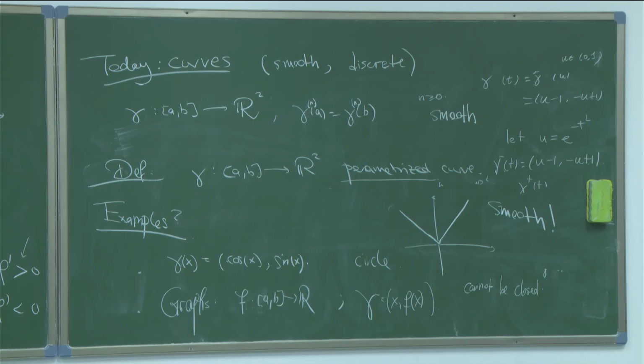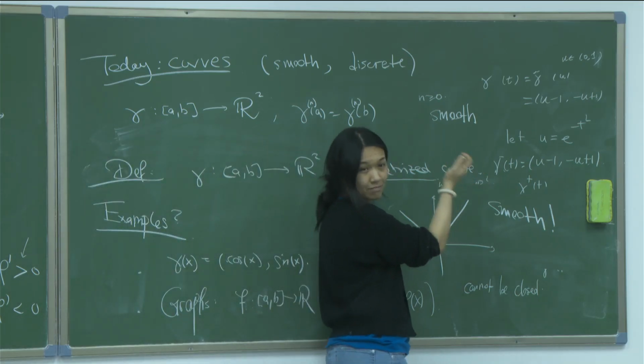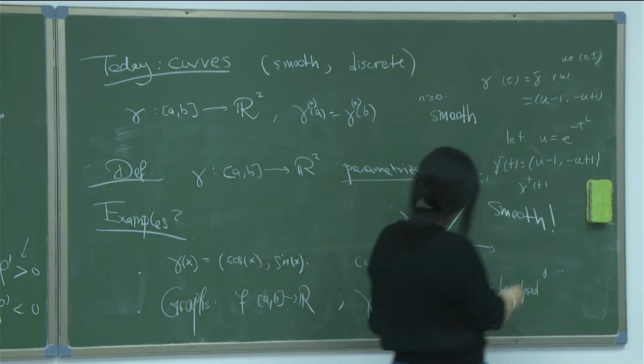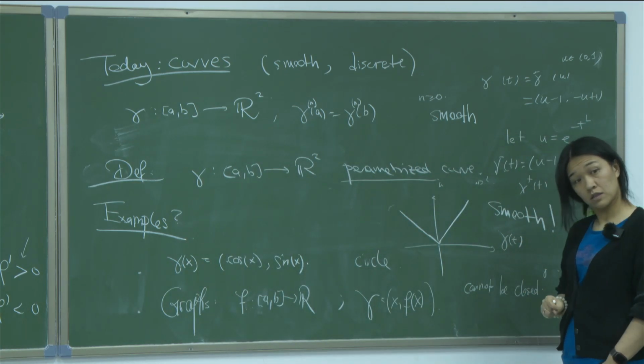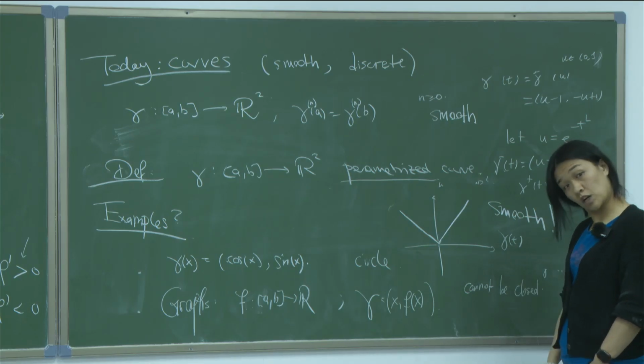So you want this term to be finite length? It doesn't matter whether it's finite length or not. We can define gamma t as negative t for t less than 0, 0 for t equals 0, and t for t bigger than 0. Yes, but it's not smooth, right?